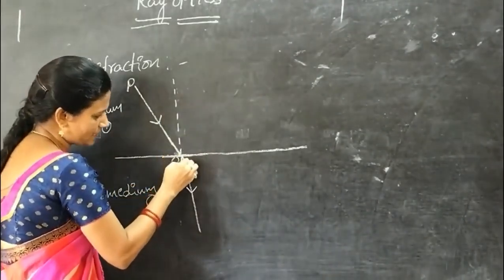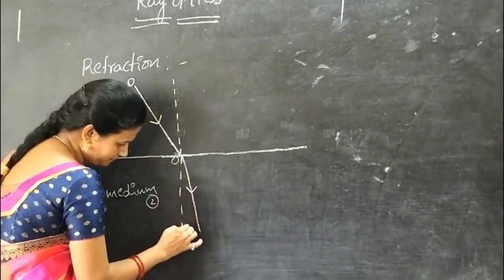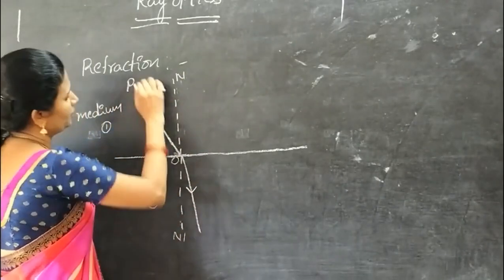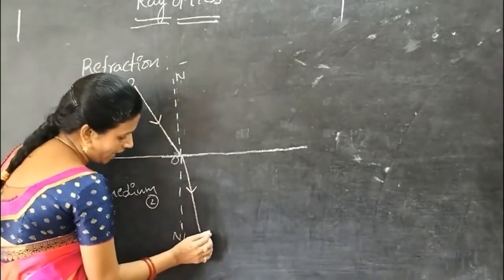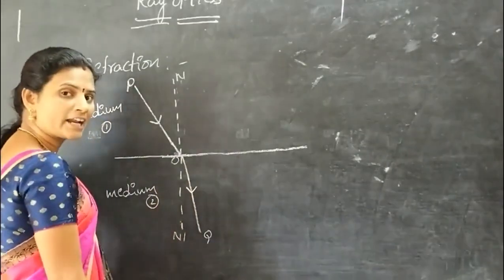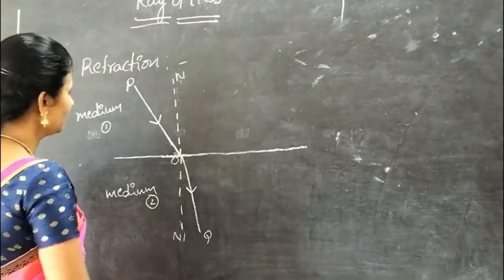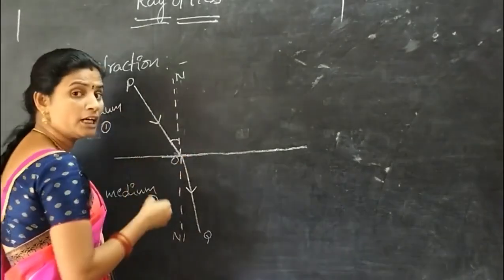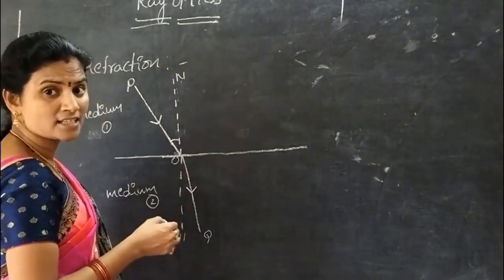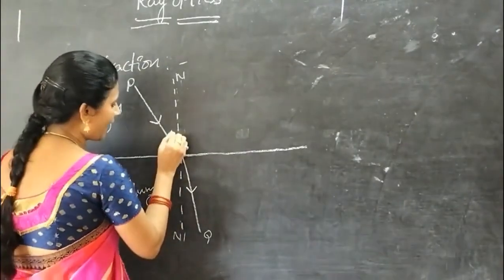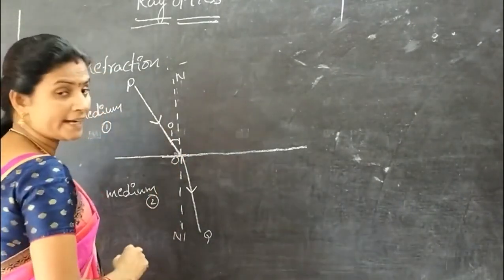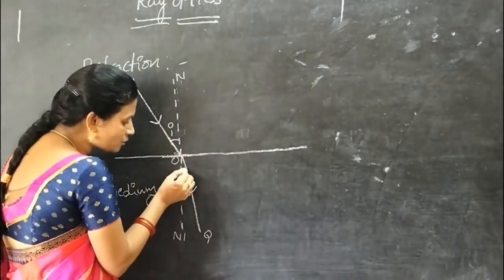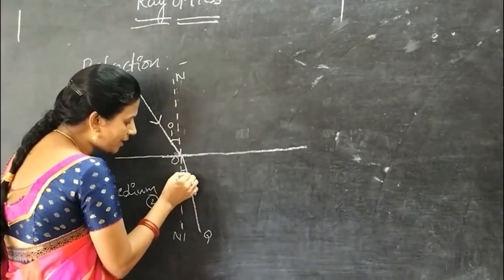This is the normal, N dash be the normal, PO be the incident ray and OQ be the refracted ray. The angle between the normal and the incident ray is known as the angle of incidence I, and the angle between the normal and the refracted ray is known as the angle of refraction R.